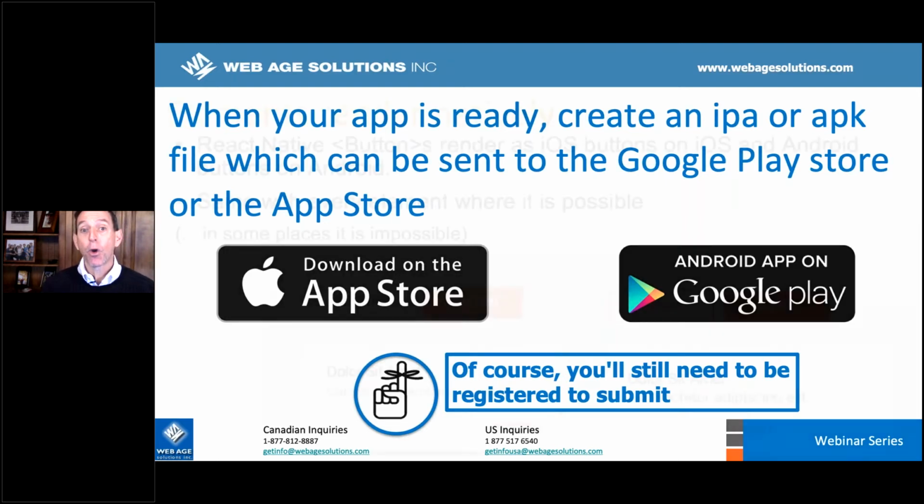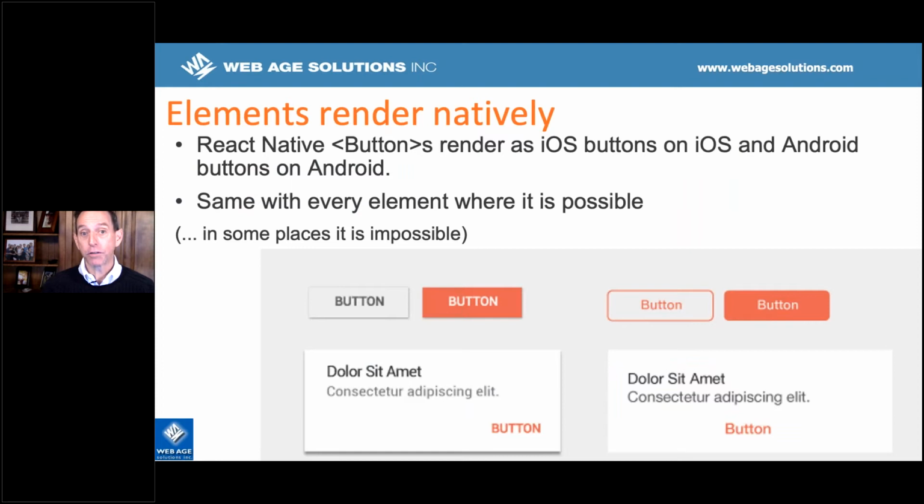Now, when you create your applications, the other cool thing about this is that the elements will render natively when possible. Here's what I mean by this. Looking at this example code you're seeing here in my screen share, you've got a couple of buttons and a box with content in it. On the left, you have how it would look on Android, and on the right you see how it would look on iOS.